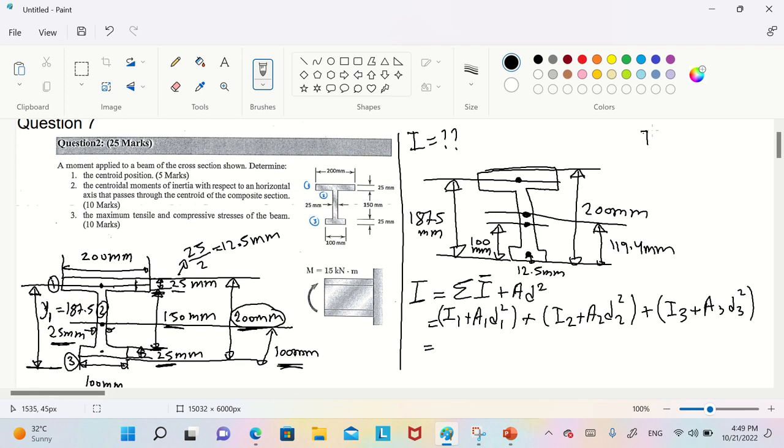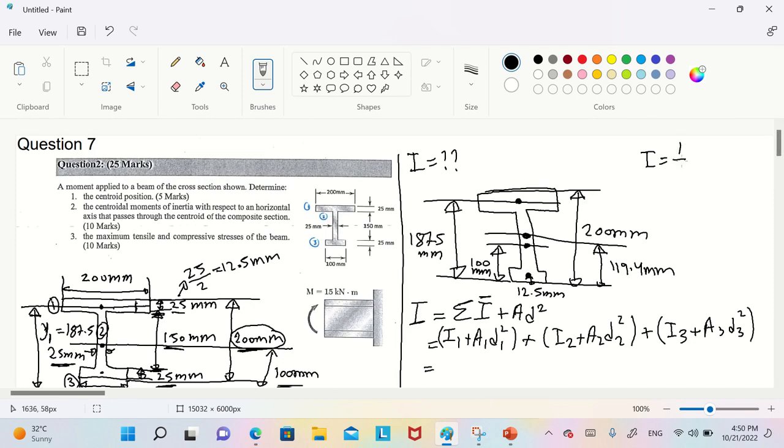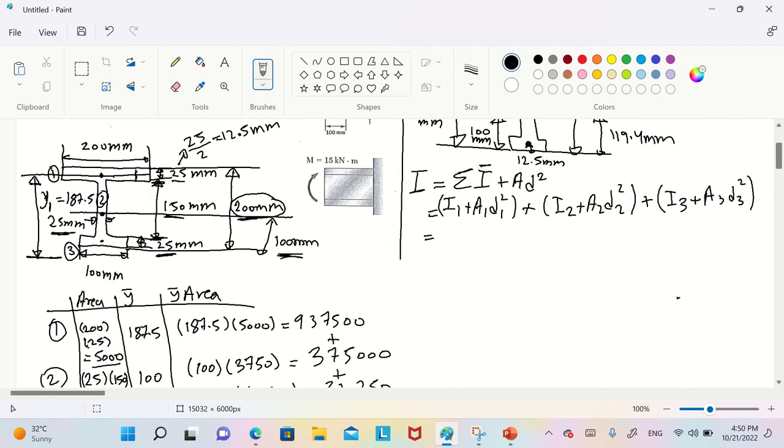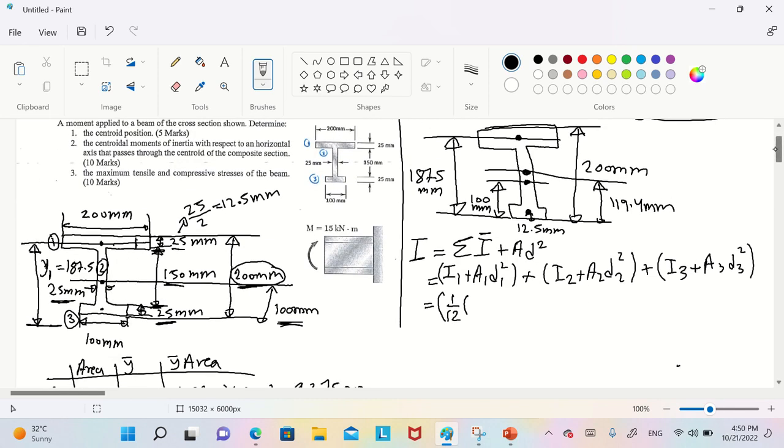So as we know, the I is 1 over 12 multiplied by the base multiplied by the height cubed. Now 1 over 12 multiplied by the base of the first one, which is 200.